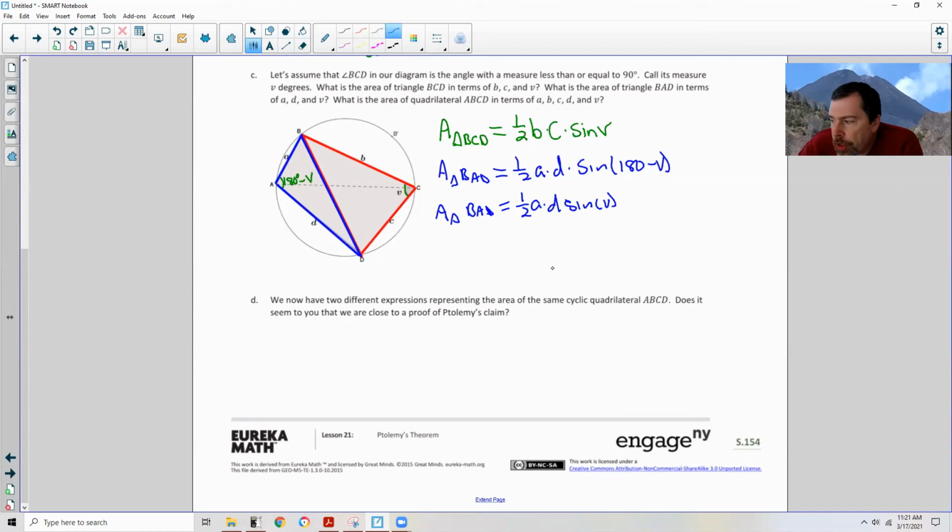The area of the quadrilateral ABCD is the sum of the areas of triangle BAD and triangle BCD. So the area of ABCD equals 1/2 B times C times the sine of V plus 1/2 AD times the sine of V. Then I could factor that and say 1/2 sine V of AD plus BC.